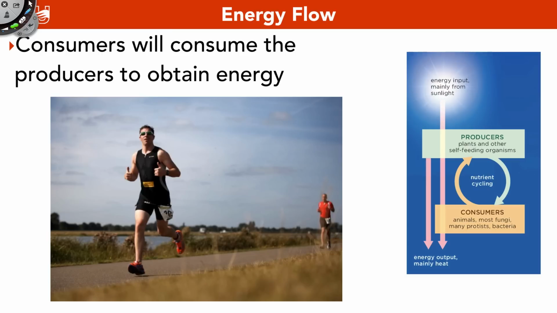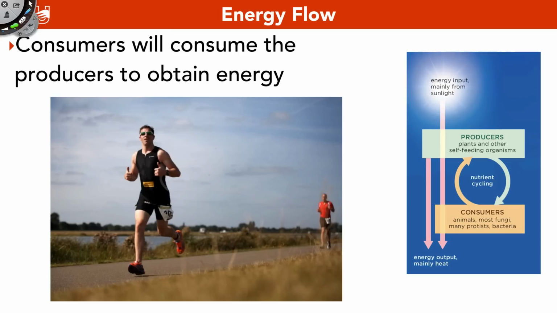What we just talked about is being reiterated now. Consumers can directly interact with the producers. For example, a consumer, you, for instance, can get an apple. Okay, that's directly from a producer, and you can obtain energy from that.